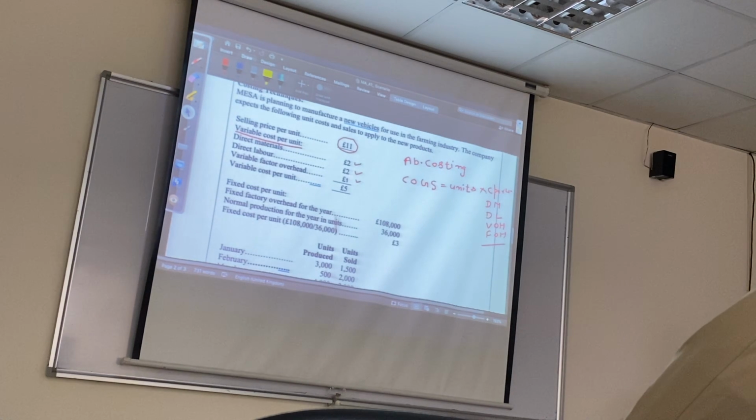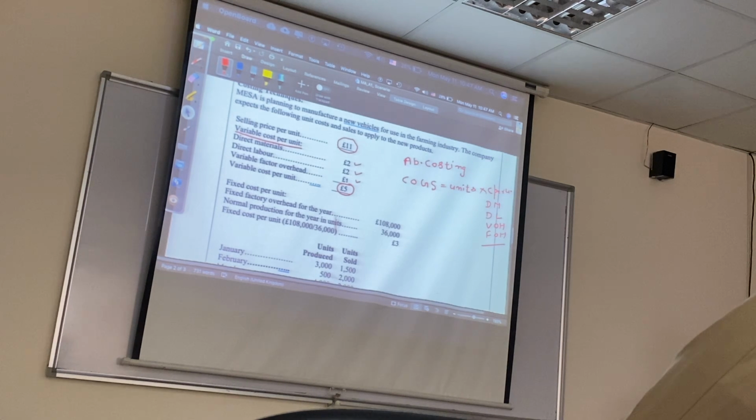So this is your variable cost per unit, alright? Variable cost per unit. Remember, don't forget to add fixed here. Now, here is a fixed cost per unit. Fixed factory overhead is 108,000 pounds.